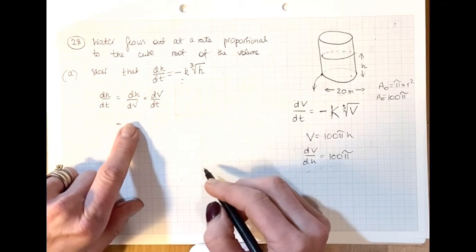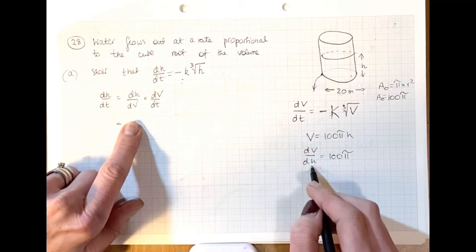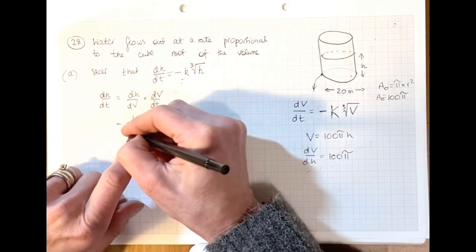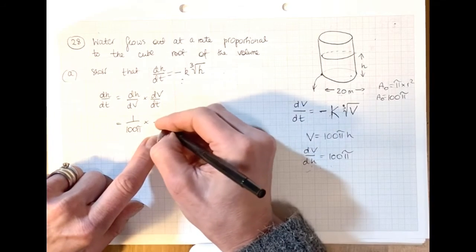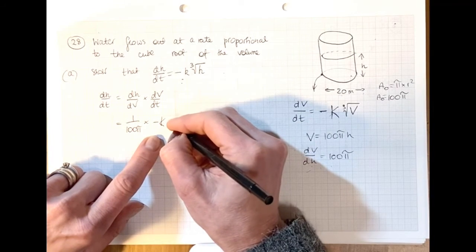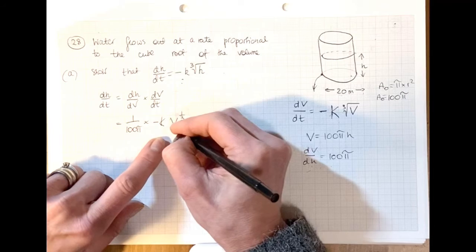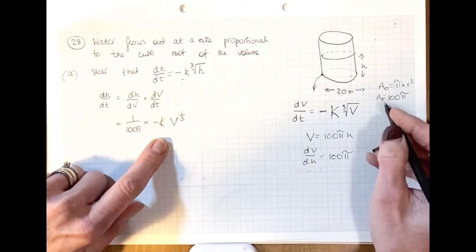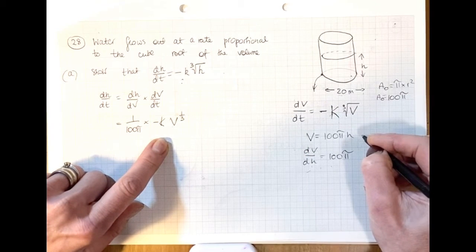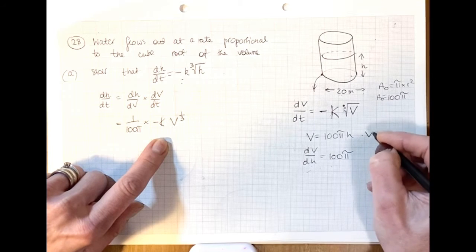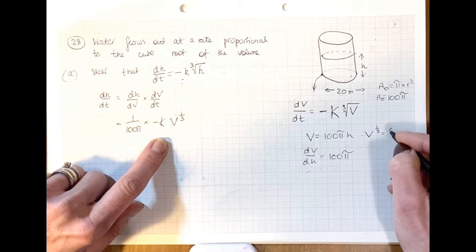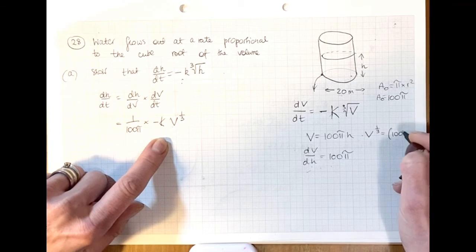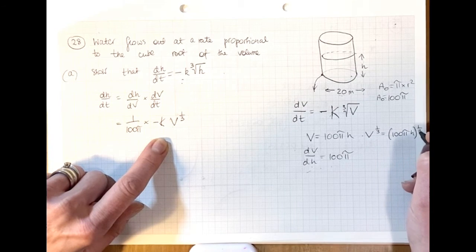So the chain rule, dh/dV is this one flipped, so it's 1 over 100 pi. dV/dt is minus some big K, and then V to the power of a third. Now volume, as we've written here, is equal to 100 pi h, so volume to the power of a third, the cube root, is going to be 100 pi h to the power of a third.